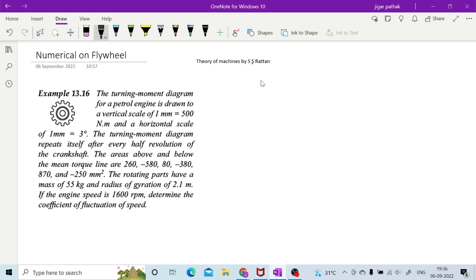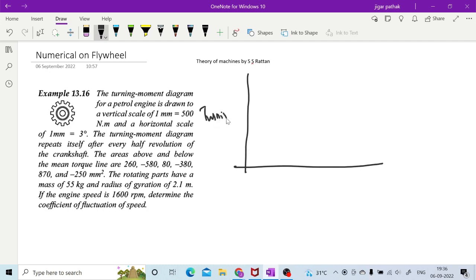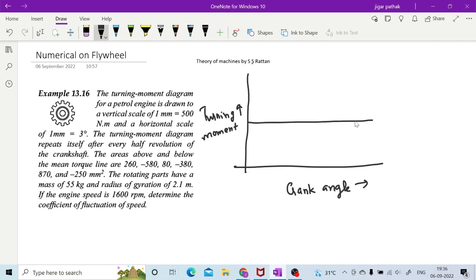But before going to solve this problem, you have to draw this diagram of turning moment versus crank angle. Right, so if you consider a mean torque, then you are provided some data, right?